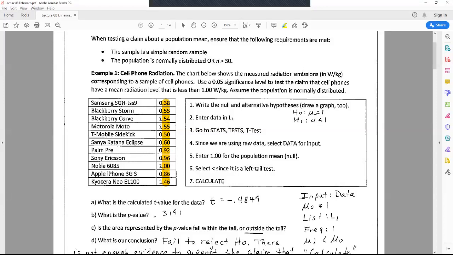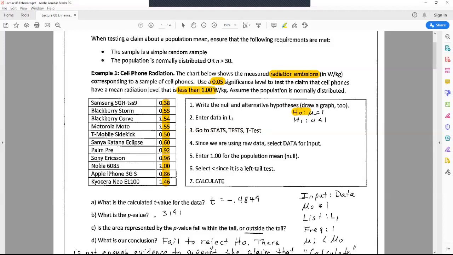Okay, the first thing they ask us to do is to write the null and alternative hypotheses. Remember, the null always takes the equal sign. And let's go back and look at what the problem said. We know we are looking at radiation emission levels, and we know that the alpha level is 5%, and the claim is that cell phones have a radiation level that is less than 1 unit.